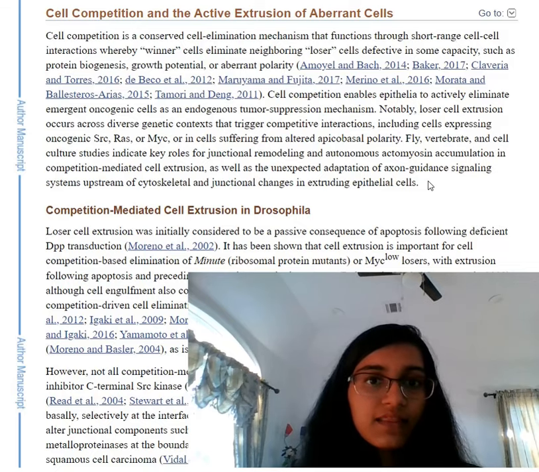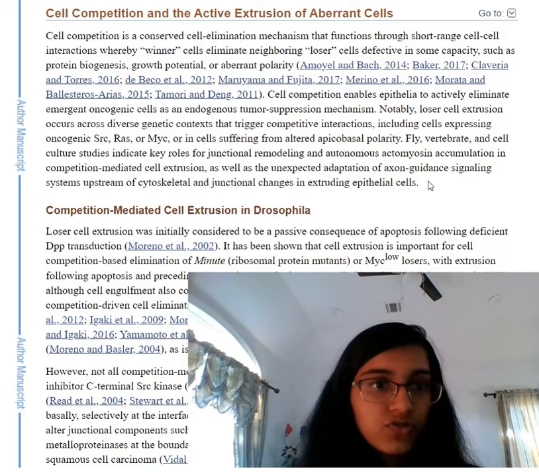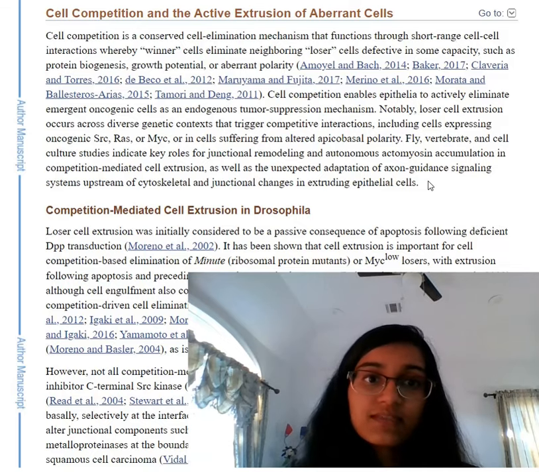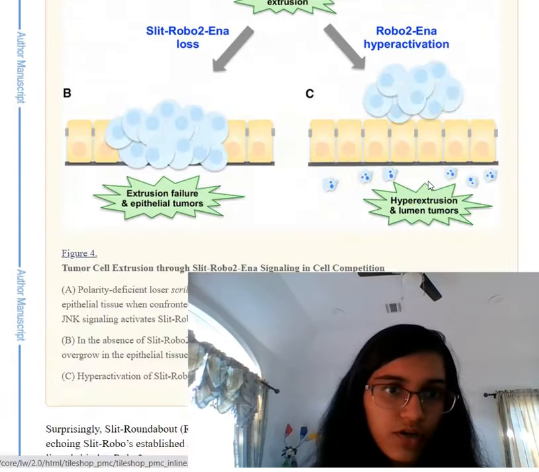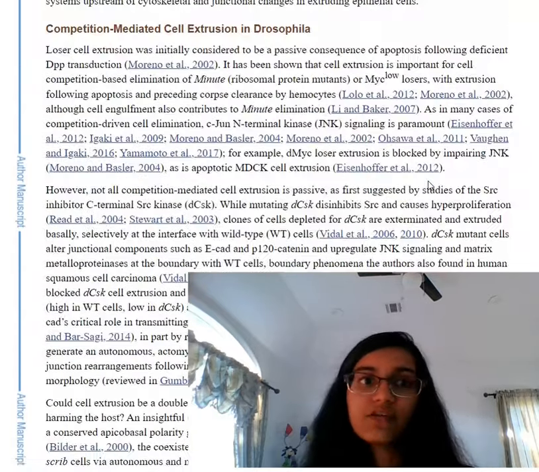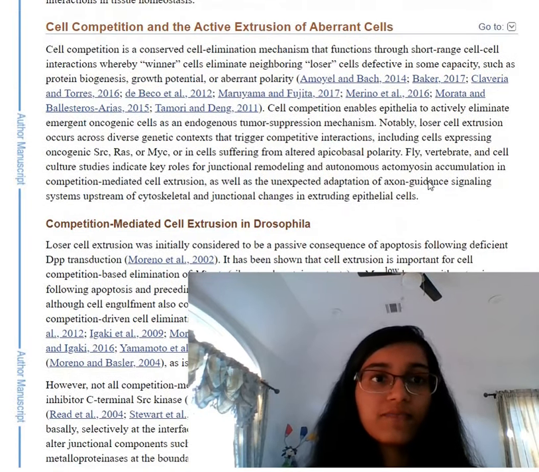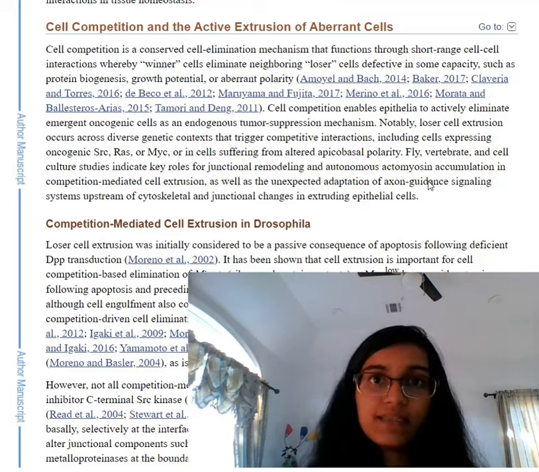And you also have axon guidance signaling, which also helps to cause upstream cytoskeletal and junctional changes. So in the next couple of sections, I think there's two more, we'll be looking at how cell competition through these pathways and through these different mechanisms helps to eliminate these aberrant cells through cell extrusion.